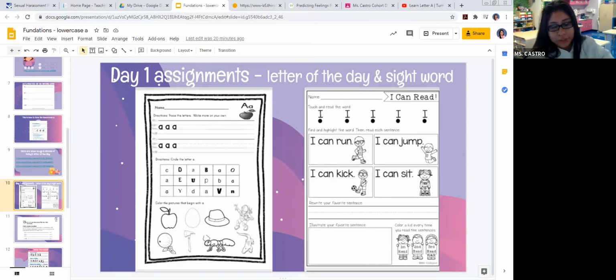So the pictures down below, you have to color the ones that begin with the letter A. Apple, egg, hat, astronaut. Then down below we have, looks like an orange.